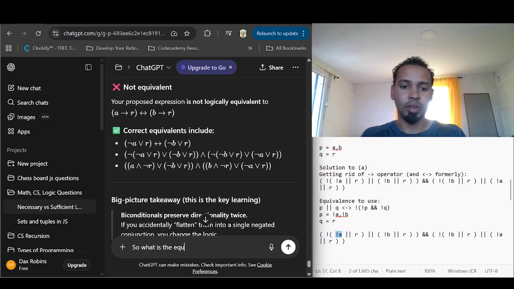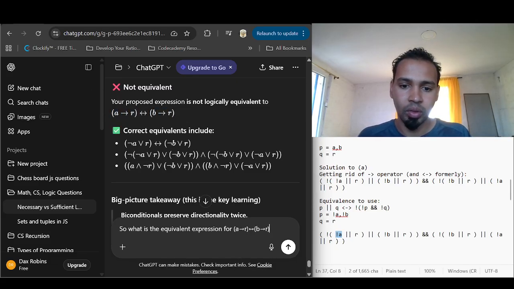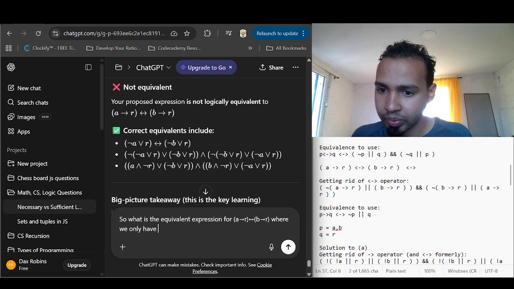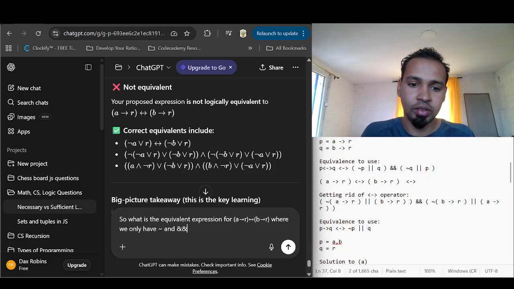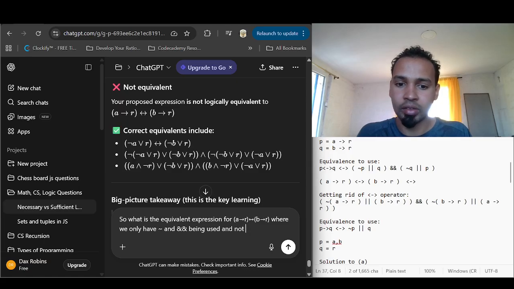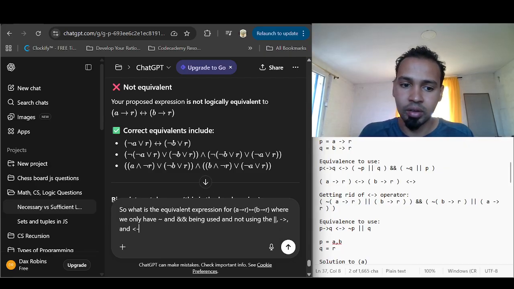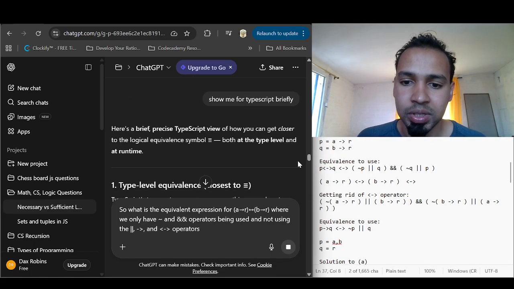So what is the equivalent expression for this, where we only have this and this being used, and not using the or logical operator, the if-then logical operator, and other operators. So let's see what ChatGPT is able to cook up for us.